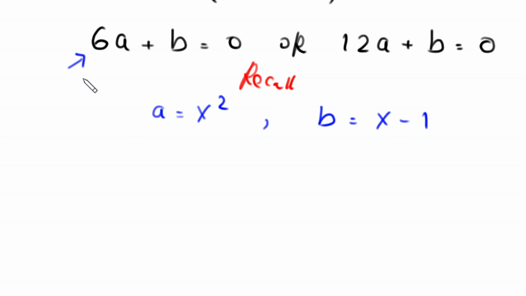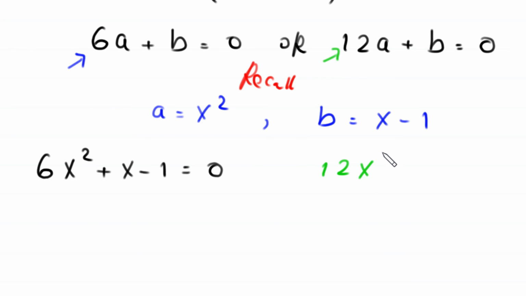So this first equation will become 6 times x squared plus x minus 1 equal to 0. And this second equation will become 12 times x squared plus x minus 1 equal to 0. It means that we have two cases. This is case 1 and this is case 2. First we solve case 1.